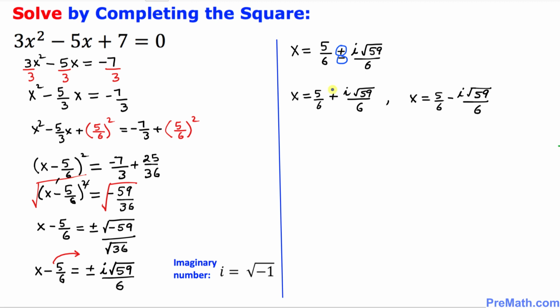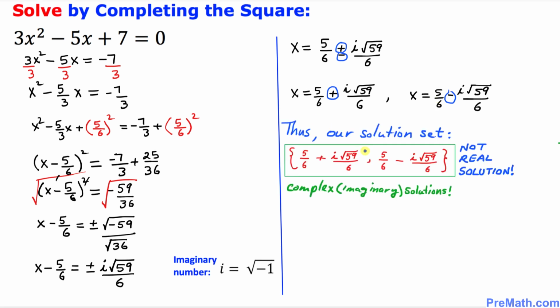Once again, one with the positive sign and one with the negative sign. And thus we have a solution set right up here with the solutions. As you can see, we are dealing with an imaginary number, so this solution is not going to be a real solution. Once again, this is not a real solution.